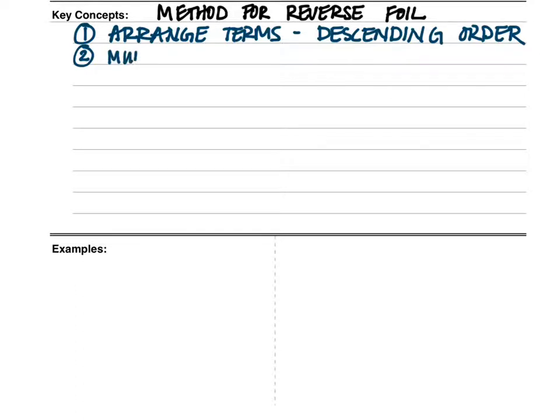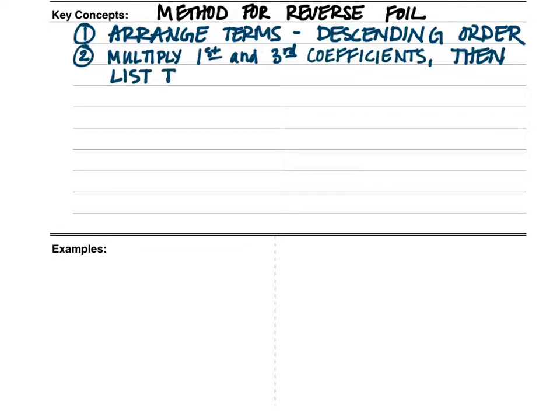The next thing for us to recognize is step 2, when we want to multiply the first and third coefficients. Then we're going to make a factor tree, listing all the factors. The difference here between third term factoring and reverse FOIL is that we're now incorporating that first coefficient along with the third coefficient.